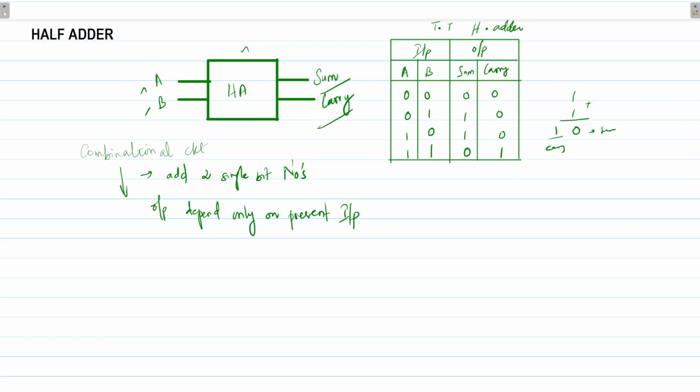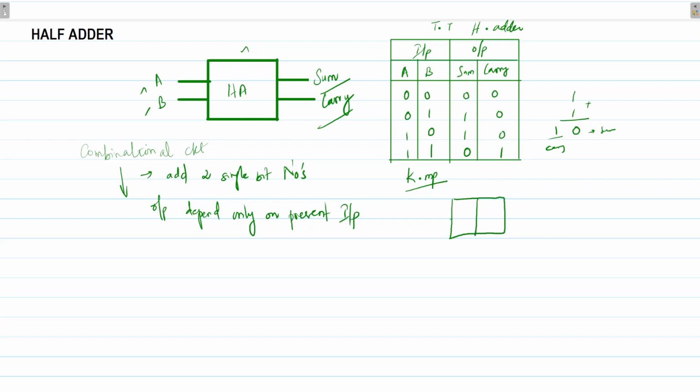Now we have to find out the output equations for this sum and carry, and this can be determined by using K-maps. We have to draw the K-map for the sum and carry of this.